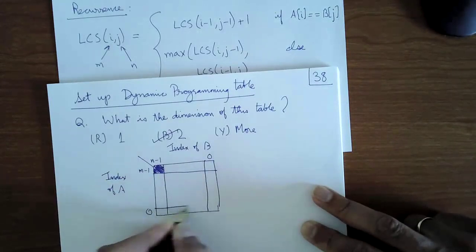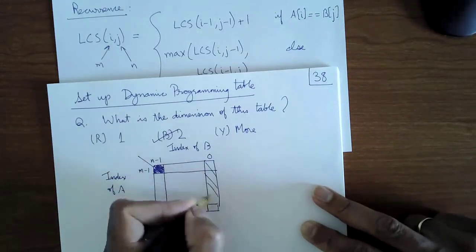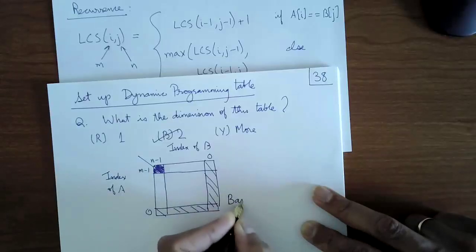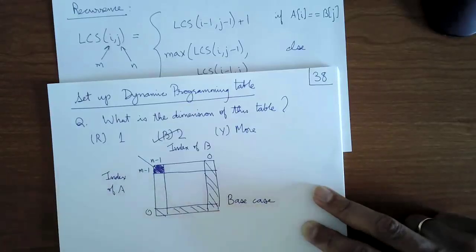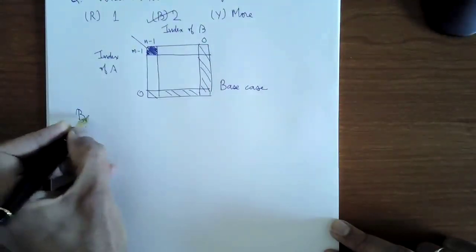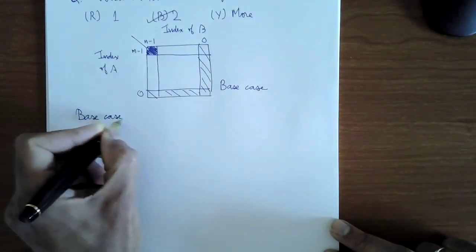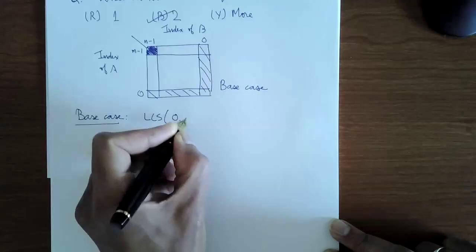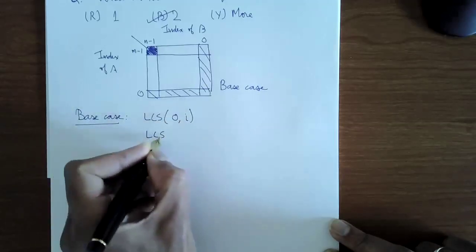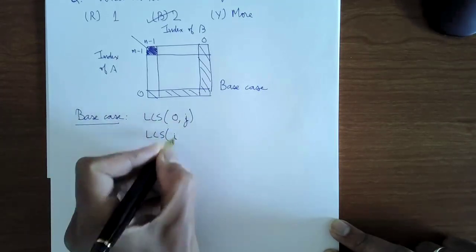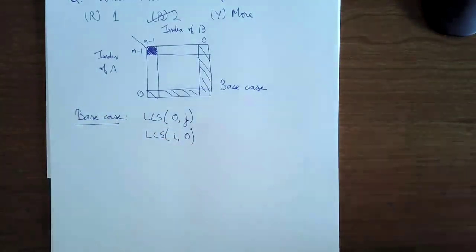And so what is the base case? These over here form the base case. The base case for the recursion would be the LCS of 0 with some j, and i with 0.